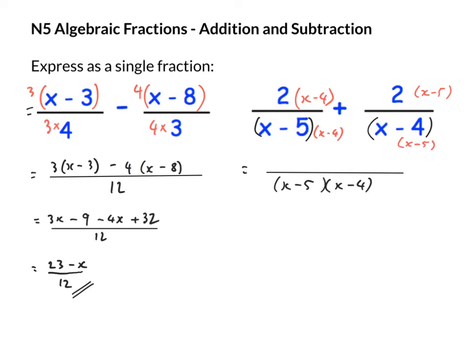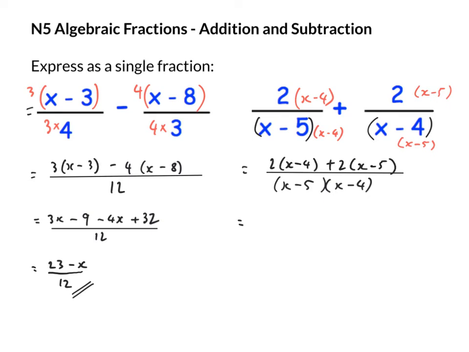I can rewrite this as a single fraction. We've got the same denominator. We don't need to worry that these are in different orders. The order we multiply things in doesn't matter. So these are the same. On the top, I have got 2 lots of x minus 4 plus 2 lots of x minus 5.